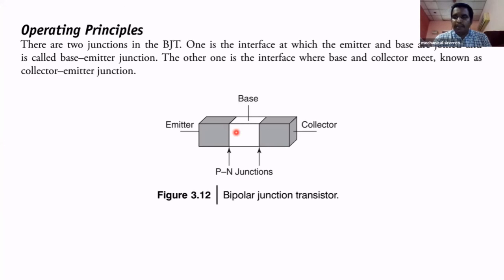So we have three terminals and two PN junctions. The interface between the emitter and base makes one junction, and the interface between the base and collector is another junction.